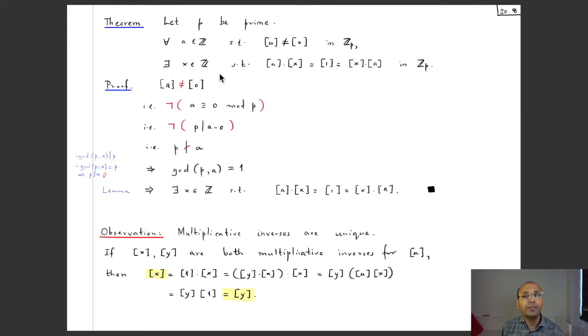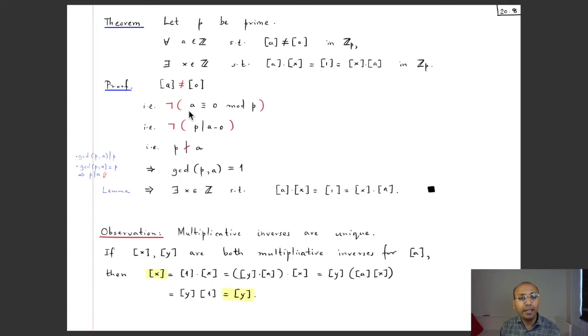So let's prove this. What we know is that this equivalence class containing a is not the equivalence class containing 0. So that means that it is not the case that a is congruent 0 mod p, because if a is congruent 0 mod p, then that would mean that a is related to 0 under this equivalence relation of congruency modulo p, and then these two equivalence classes would be the same, but we know that they are not the same, and so this cannot happen.